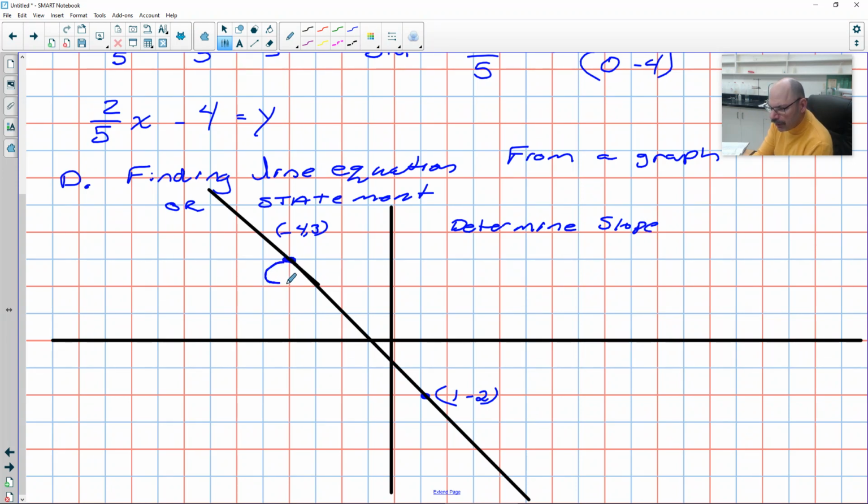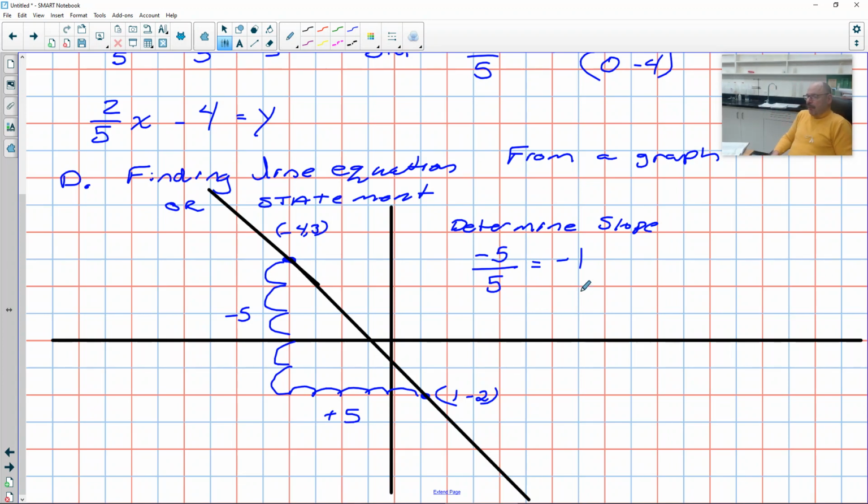I'm going to go 1, 2, 3, 4, 5 down. And I'm going to go 1, 2, 3, 4, 5 over. So my slope is -5 over 5, which equals -1.